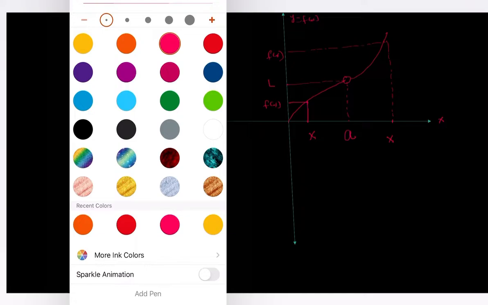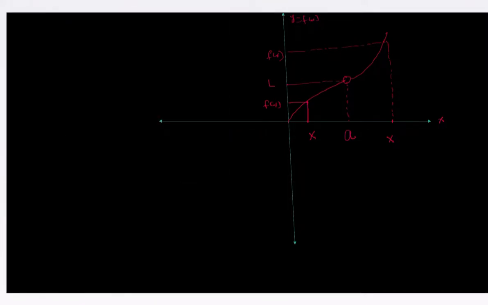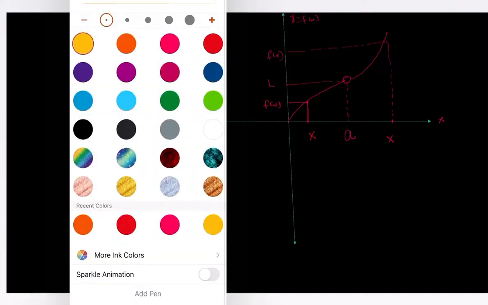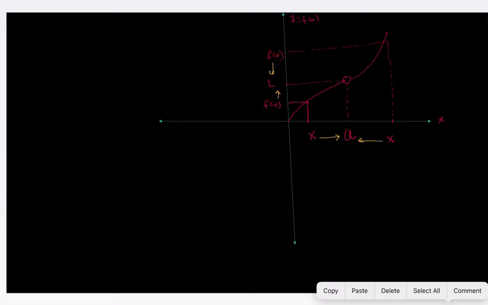It says f of x will approach L if x approaches A from the left side and right side. Okay, so f of x will approach L when we go to A from left and right.